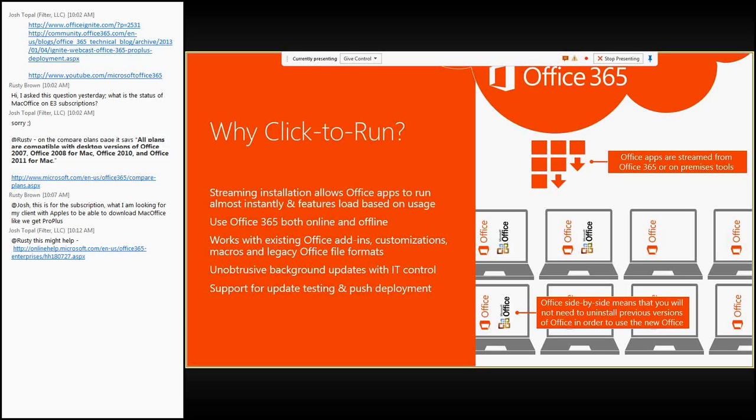So your imaging times even might go from a fully provisioned PC taking an hour to install the OS plus all the apps that you're layering on top to maybe going to 30 or 35 minutes because I've taken that Office installation time and reduced it down to the time it takes to basically cache the Office files or copy them onto the disk. Much, much faster than it had been in the past. We also wanted to make sure that with Click to Run, Office is usable online and offline.